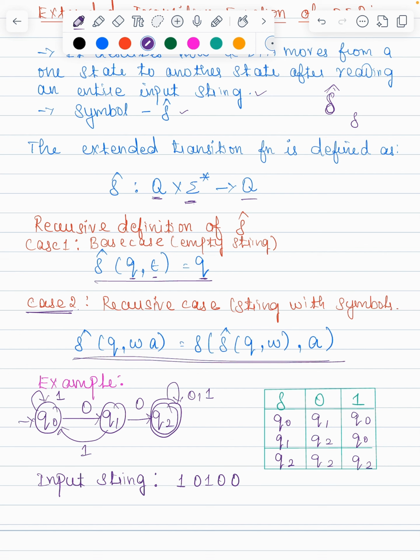For any string w that belongs to sigma star, and a symbol a, we write delta cap of q comma w a. Just imagine this is your original string. To process this, we take the result from the previous step. Why?